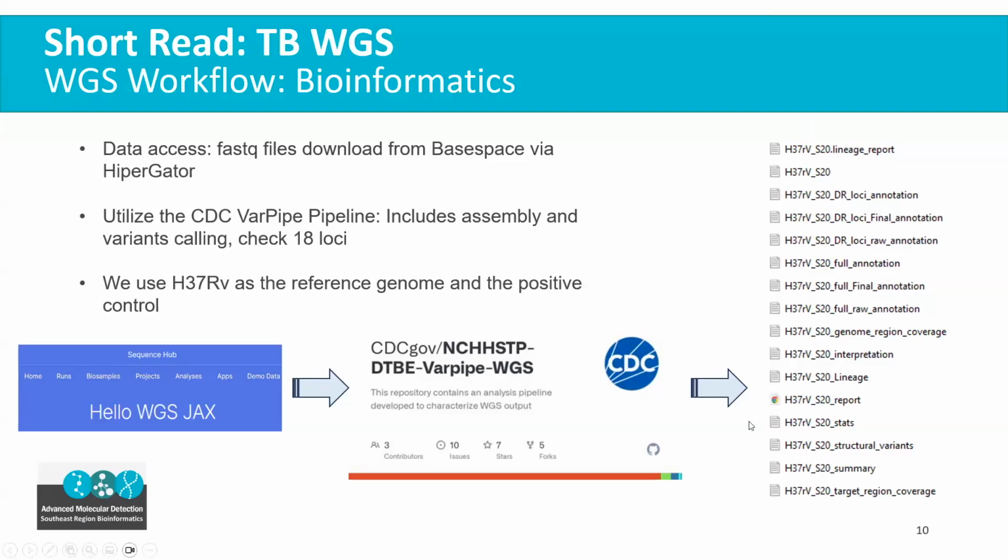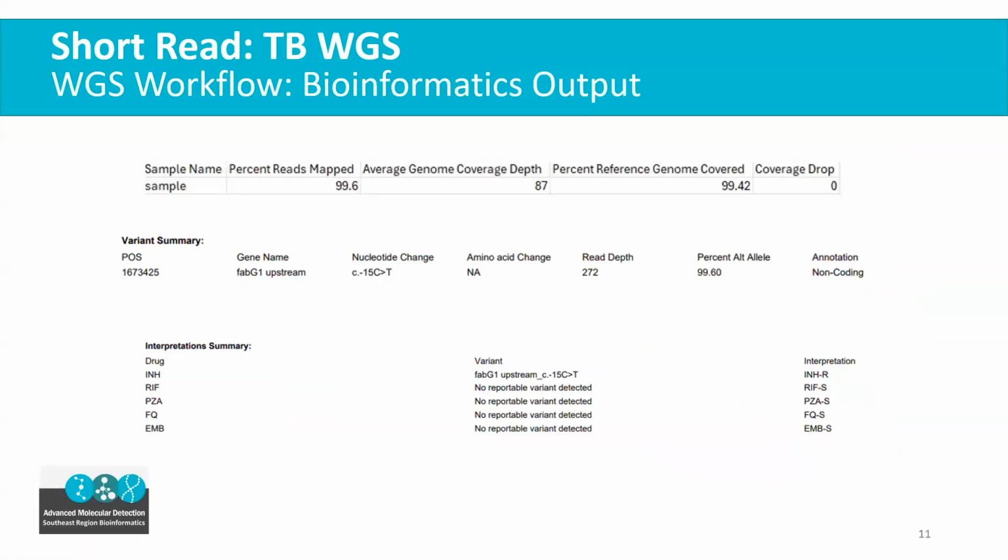Here's an example of the output files after the pipeline. Here's the lineage report, and we have the annotation report, and also there will be a summary report for each sample. Here is an example to show you what the output looks like.